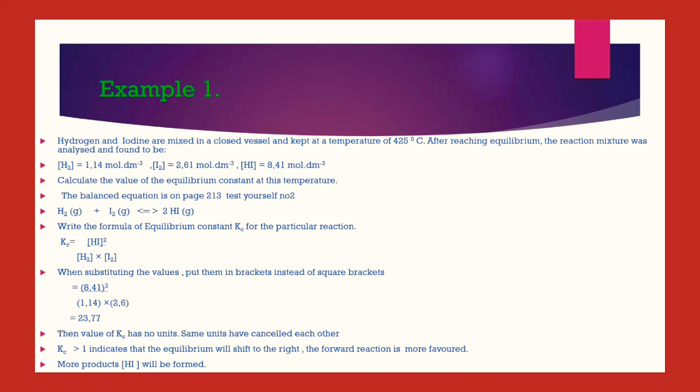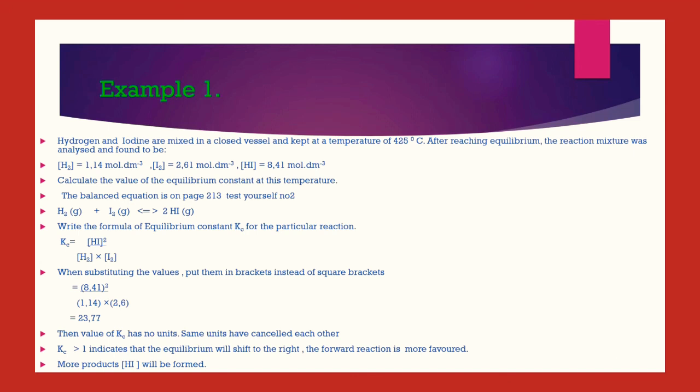After reaching equilibrium, the reaction mixture was analyzed and found to be: concentration of hydrogen gas, H2 in square brackets, is equal to 1,14 moles per decimeter cube; concentration of iodine gas, I2, is equal to 2,61 moles per decimeter cube; then concentration of hydrogen iodide, HI, is equal to 8,41 moles per decimeter cube. Calculate the value of the equilibrium constant at this temperature.